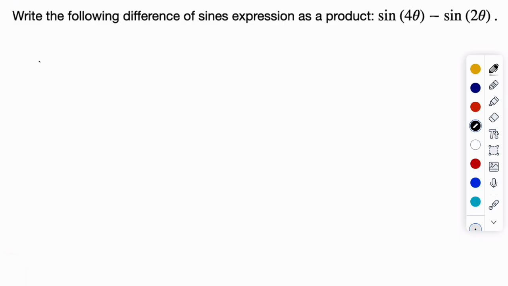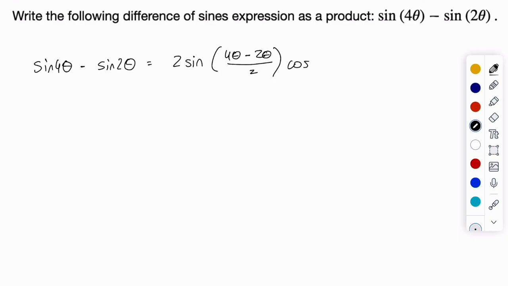Well, sine 4 theta minus sine 2 theta equals what then? Well, 2 sine of (4 theta minus 2 theta) over 2, times cos of (4 theta plus 2 theta) over 2.